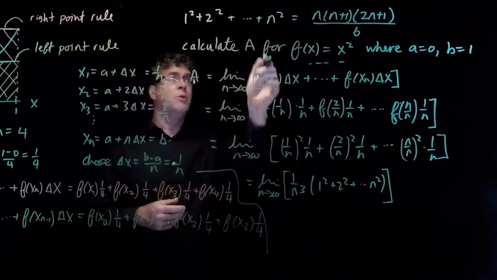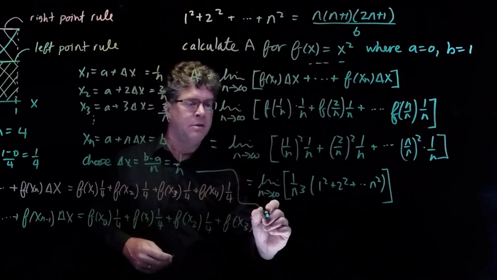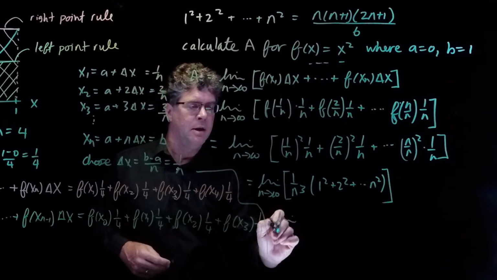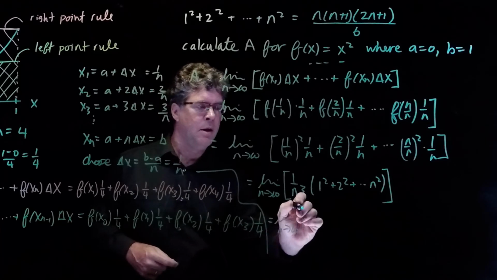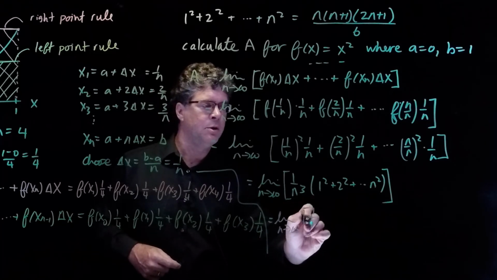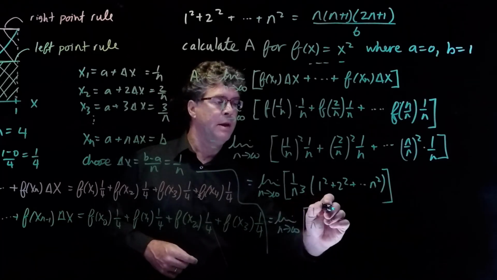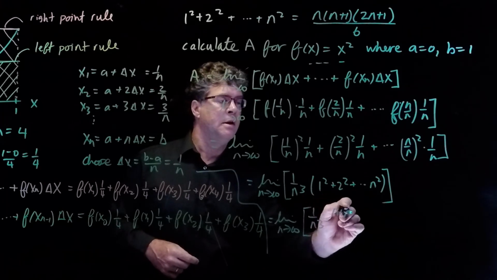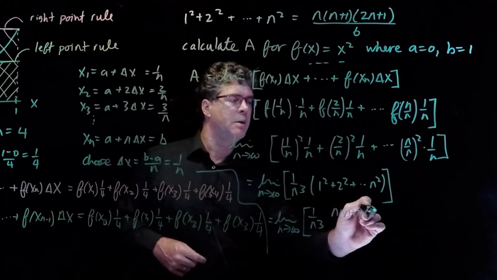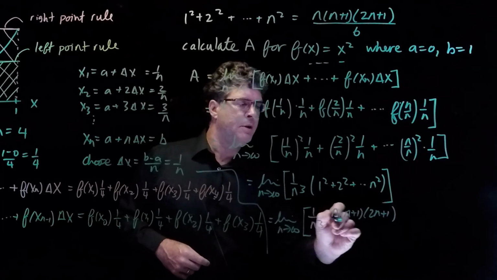Using the formula that we have up here, we can write this as the limit as n goes to infinity of 1 over n cubed times n times n plus 1 times 2n plus 1, all divided by 6.